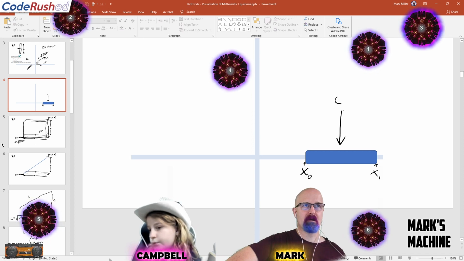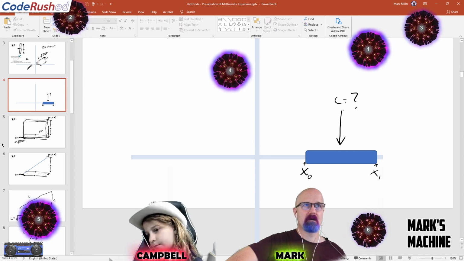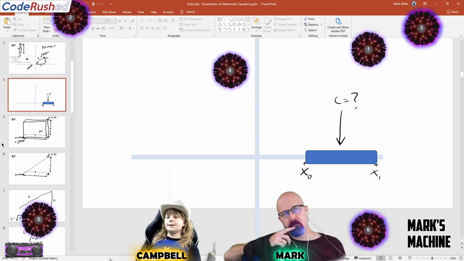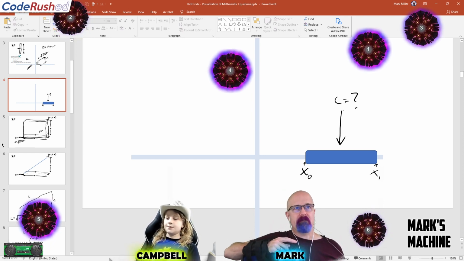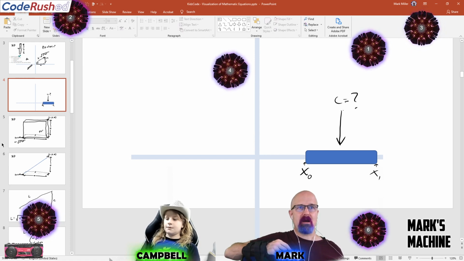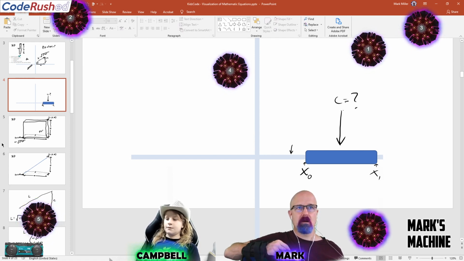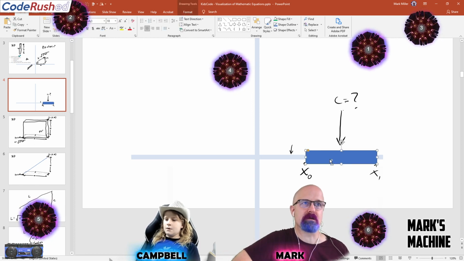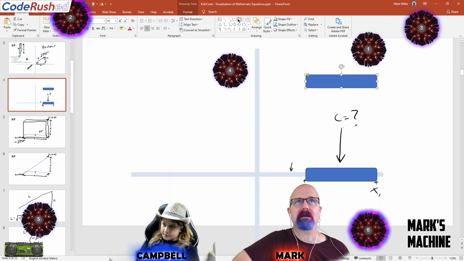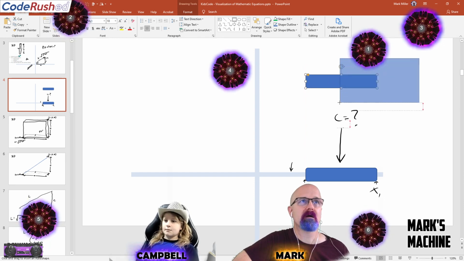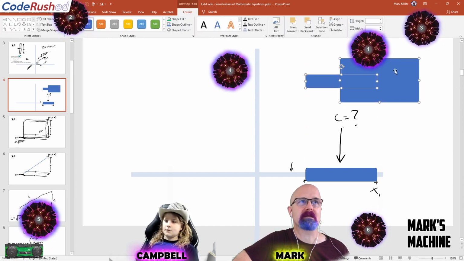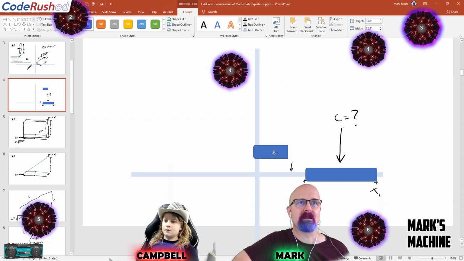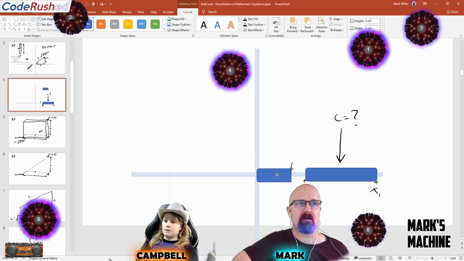What's the center? The center is half of the delta x. Half of the delta x would actually get me about right maybe here. If I take this and cut it in half, now I got half of it, and I started out from 0. Yeah, it gets me right about there.